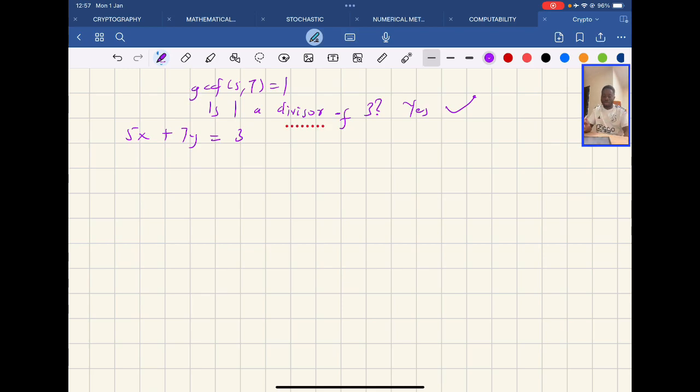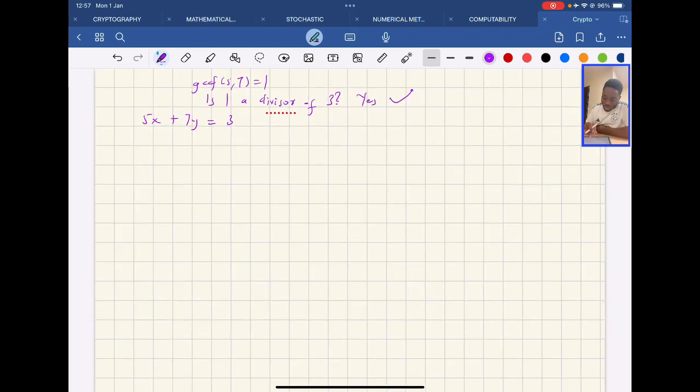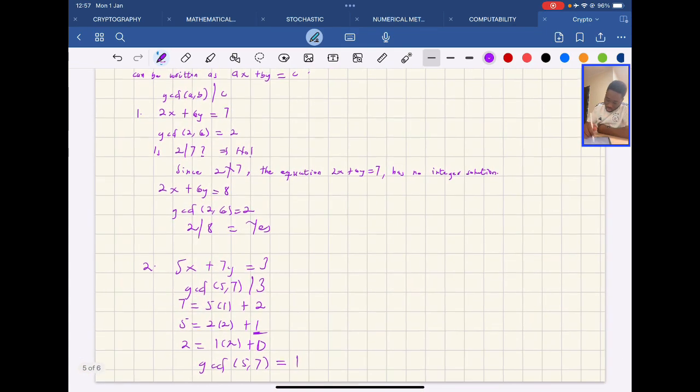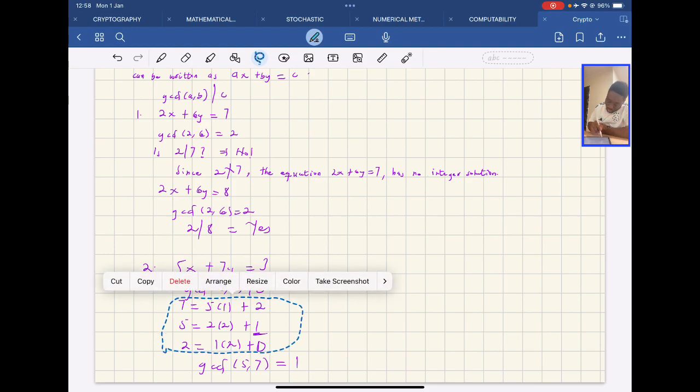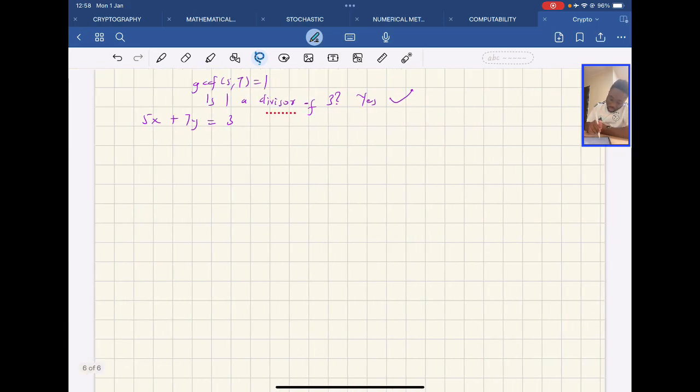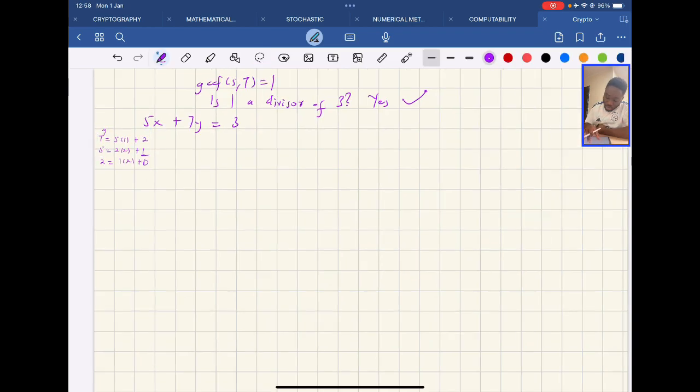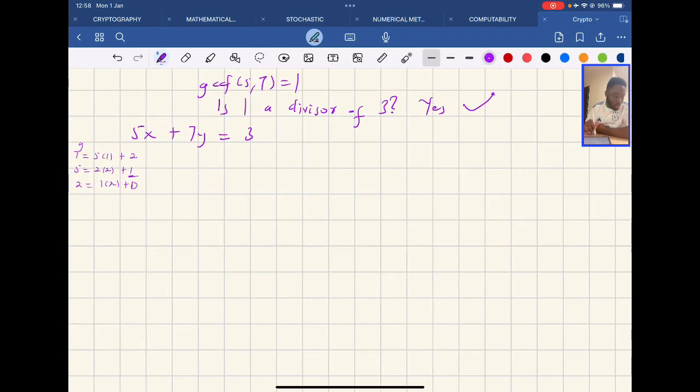To solve this problem, what we have to do is to solve the Euclidean algorithm equations backwards, the ones we have over here.